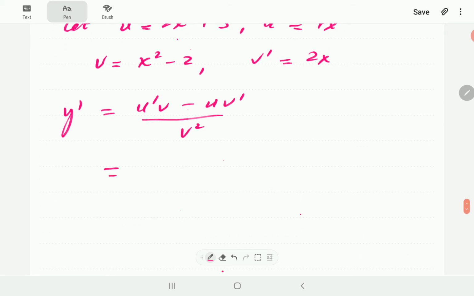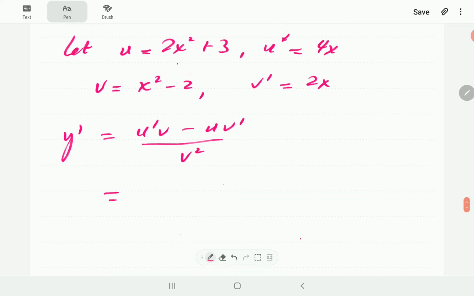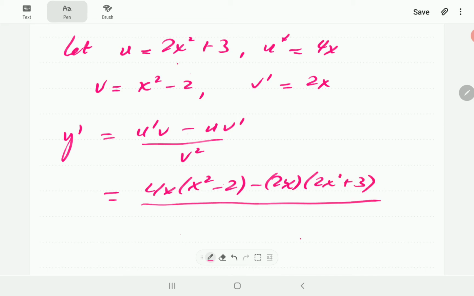This is going to work out to u prime is 4x, v is x squared minus 2, v prime is 2x. I'm going to write it first. U is 2x squared plus 3.